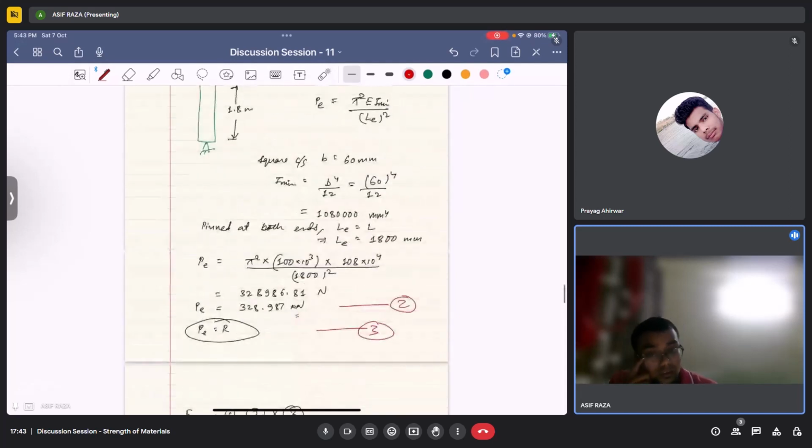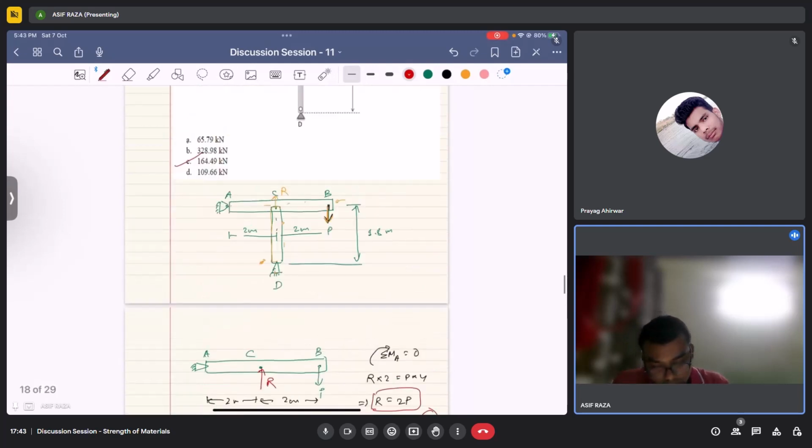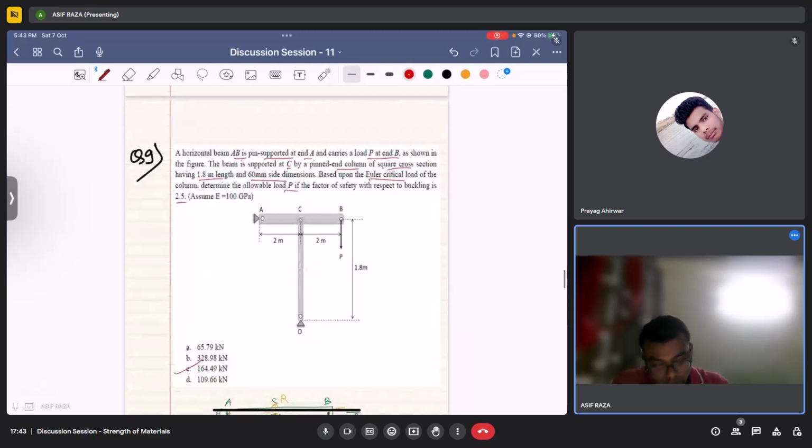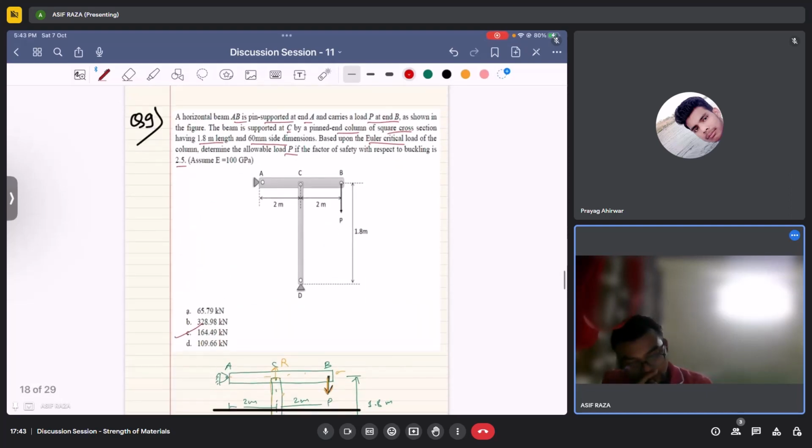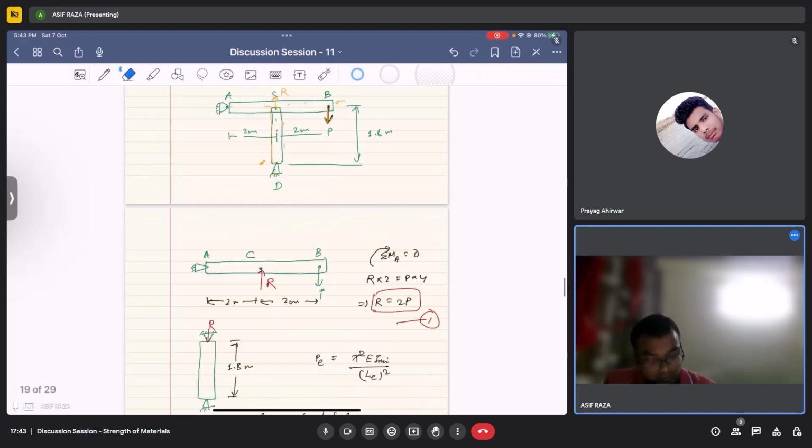Let me cross check it once again if I am doing it correctly or not. Okay, I missed one thing. There is a factor of safety also provided, right?